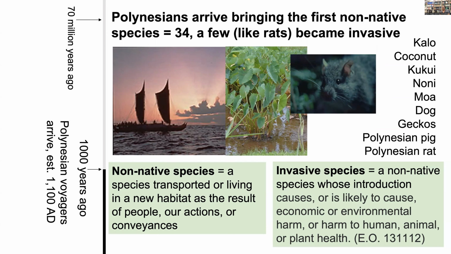And some of the things that Polynesians brought when they arrived: taro, coconut, kukui, chickens, dogs, geckos, Polynesian pigs, and Polynesian rats. I love to point out the gecko thing because, all right, come on, they did not pack their geckos, right? And who can exclude geckos from anything? Container ships and all of that. They were probably a best example of a hitchhiking species.